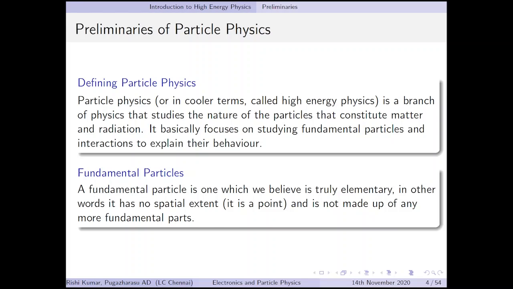So, that naturally leads us to the question, what is a fundamental particle? A fundamental particle is one which we believe is truly elementary. In other words, it has no spatial extent, or it is a point particle and is not made of any more fundamental parts.